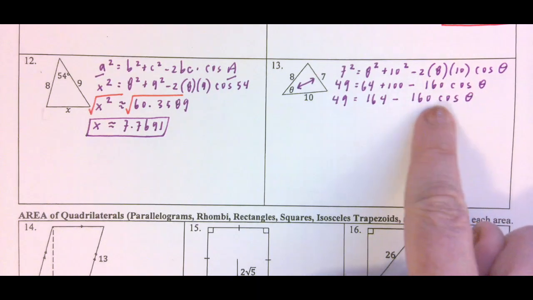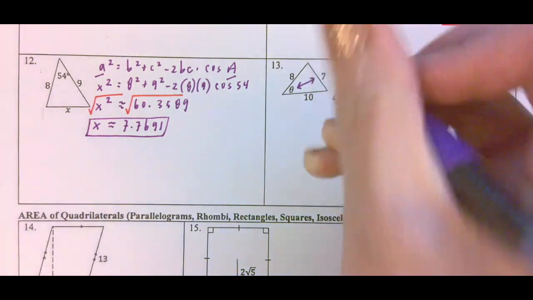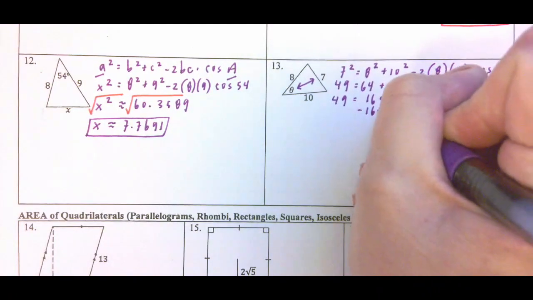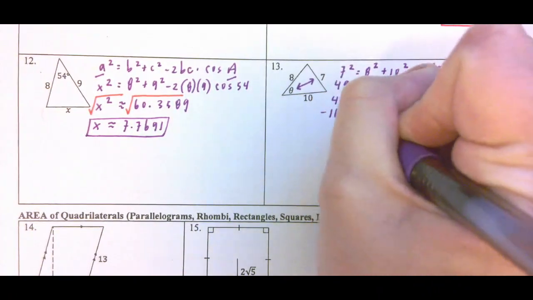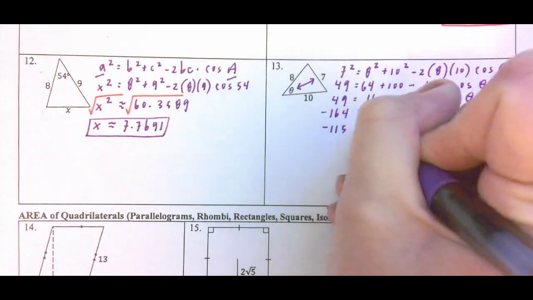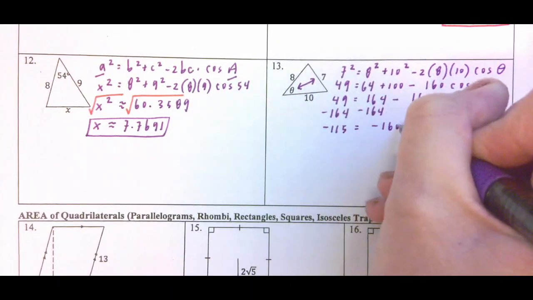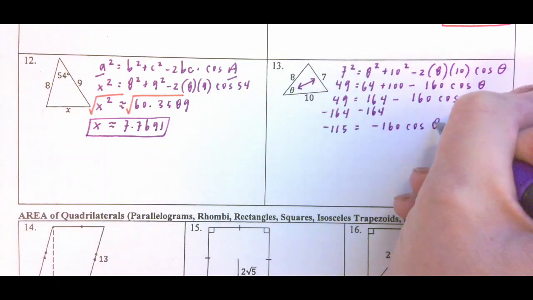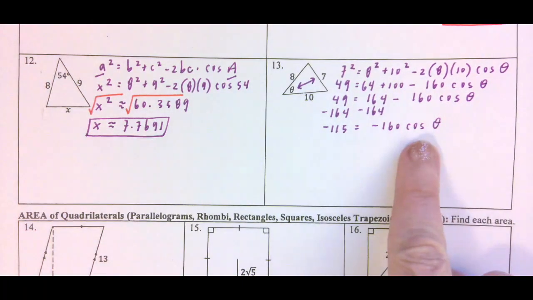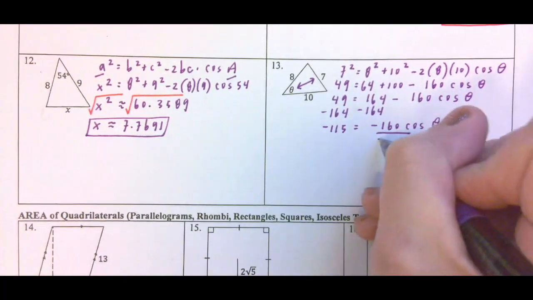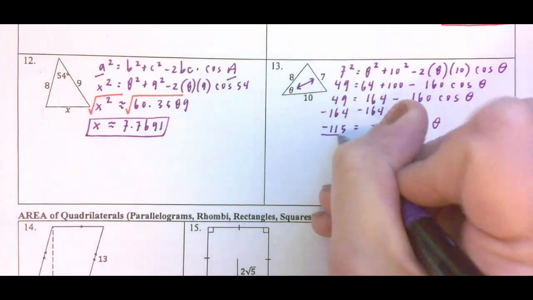So I need to get this part all by itself. So I need to next subtract that 164. So I get negative 115 equals negative 160 times cosine theta. Okay, now I need the cosine theta by itself, so I can divide each side by negative 160.